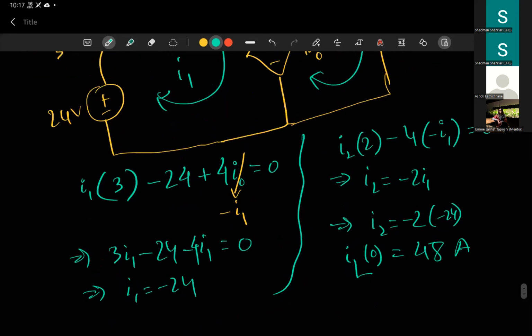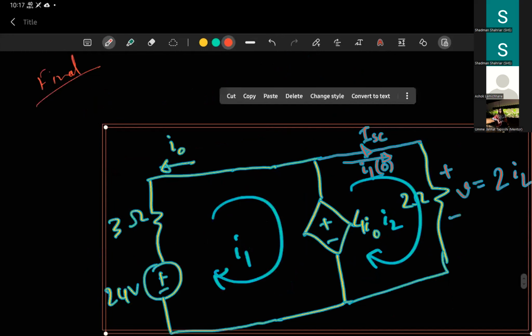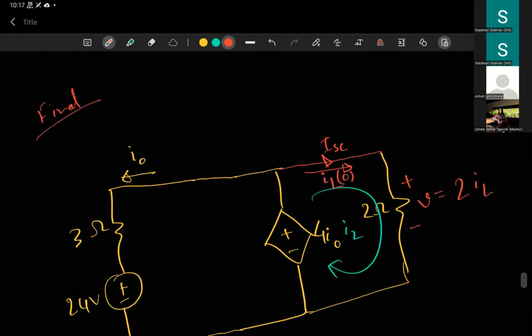For the final circuit, the switch should be connected like this. So you can forget there is a switch at all. This is basically your connection now.